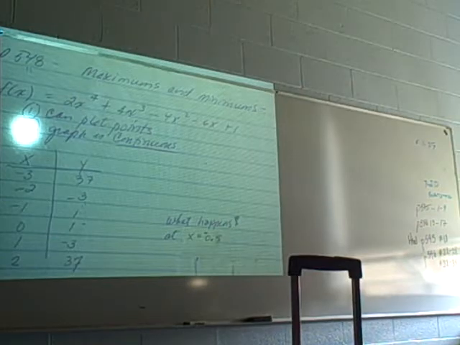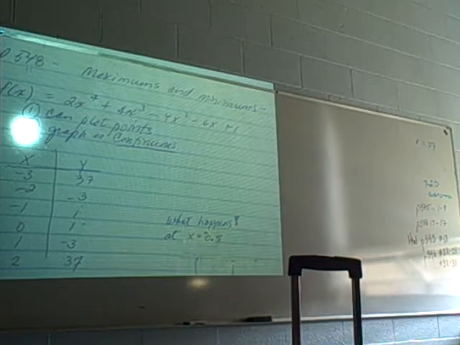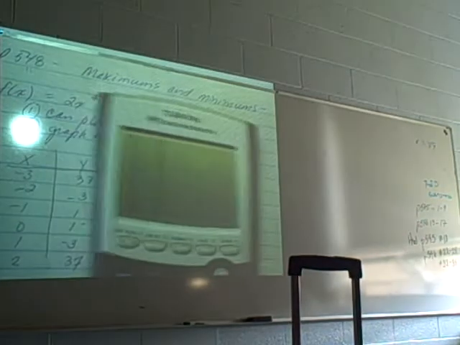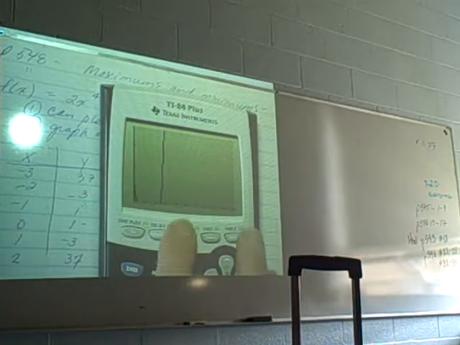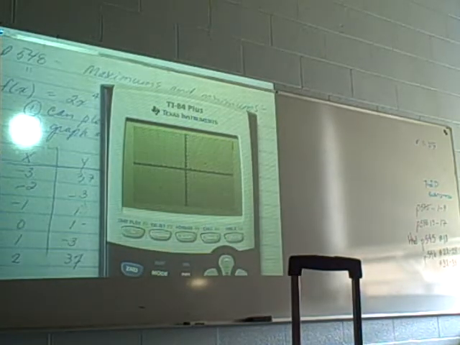It says error syntax. Okay, hold on a second. Let me get there. 4x squared. So I'm going to go back to this is what I have on my graph right now. So I'm going to go to Zoom, I'm going to go to Standard and see what happens in a Standard window.